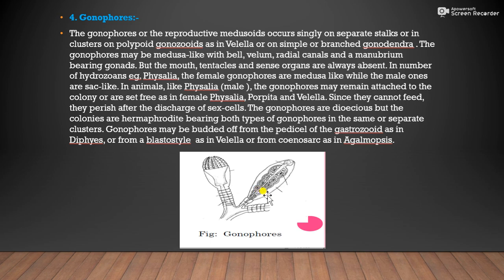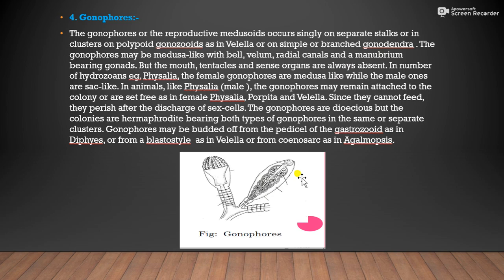The gonophores may be medusa-like with bell, velum, radial canal, and membrane bearing gonads. But the mouth, tentacle, and sense organ are always absent. There is no tentacle, no mouth, and no sense organ.